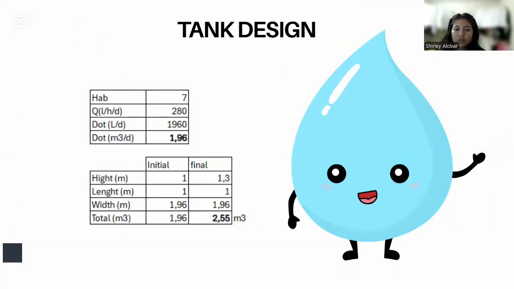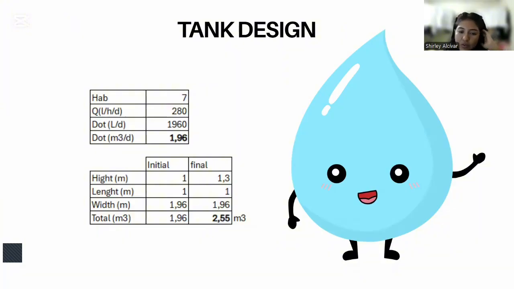This table shows the storage tank sizing for the water supply system. The demand was calculated for 7 inhabitants, each using 280 liters per day, resulting in a total daily consumption of 1.96 cubic meters per day.